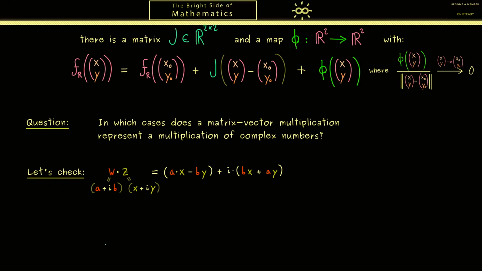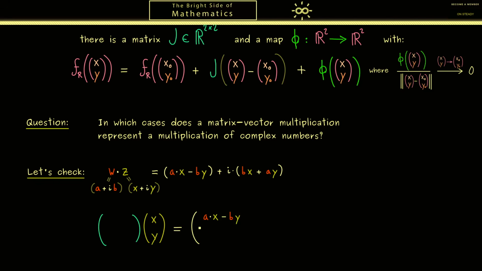However, now we want to rewrite this as a matrix vector multiplication. And the vector should represent the complex number z, which means we have x and y as the coordinates. And on the left of it, we have a 2 times 2 matrix where the numbers a and b should occur. And indeed, how the entries exactly look, we have to figure out now. Of course, this is no problem for us because we already know the result.